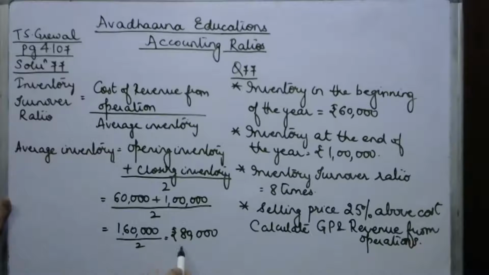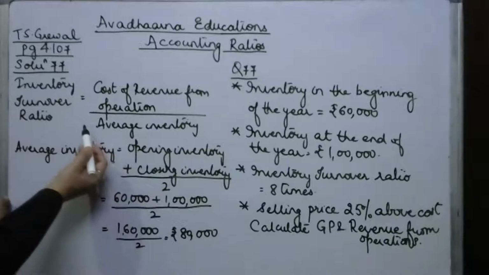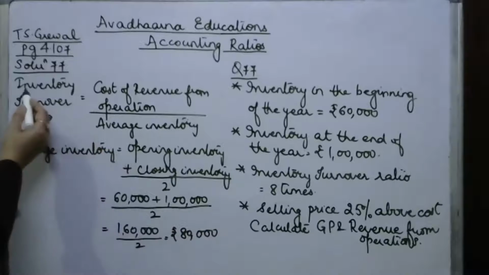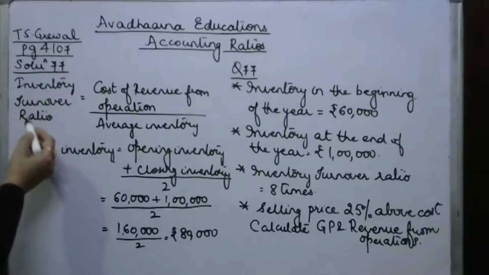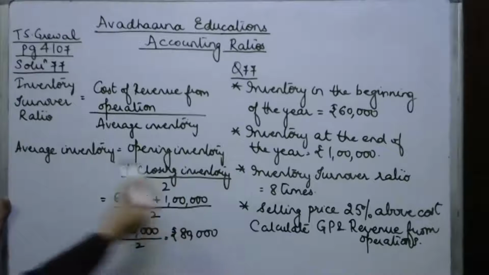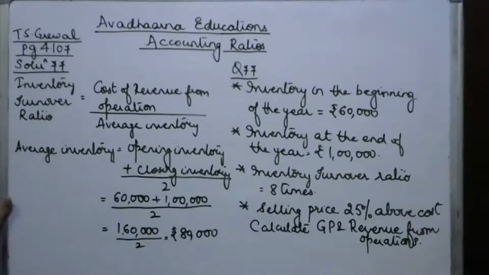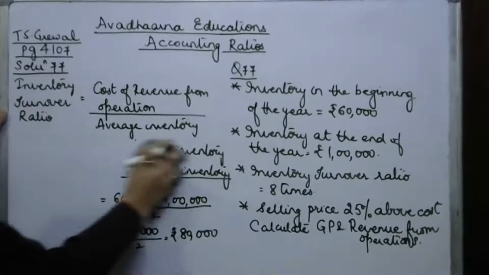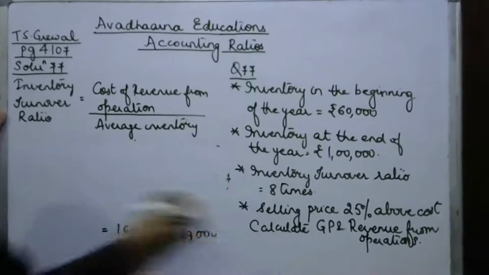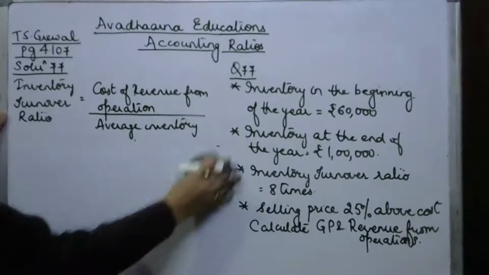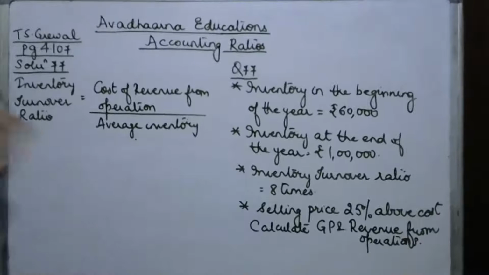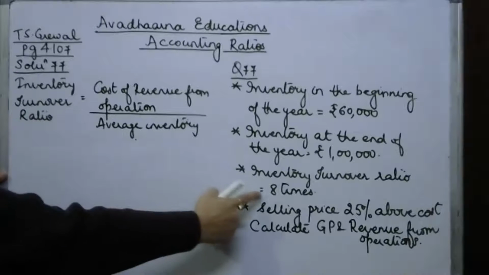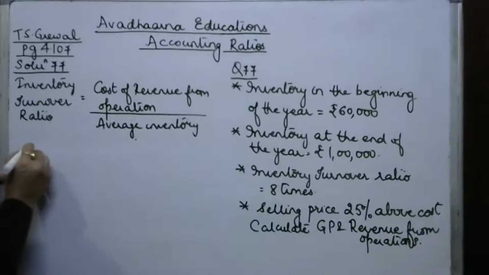Now let's substitute this average inventory in the denominator of this formula, and we are also having inventory turnover ratio as 8. So if we substitute the values, we are going to get the cost of revenue from operations. Let us see how. Now inventory turnover ratio given in the question is 8.